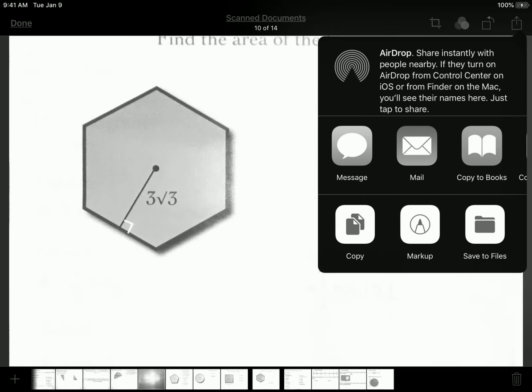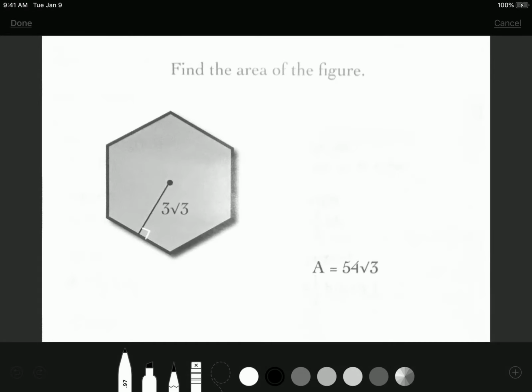The nice part is, when it comes to something like a hexagon or a regular polygon, we can create all these triangles right in here. Now a hexagon has 1, 2, 3, 4, 5, 6 triangles.